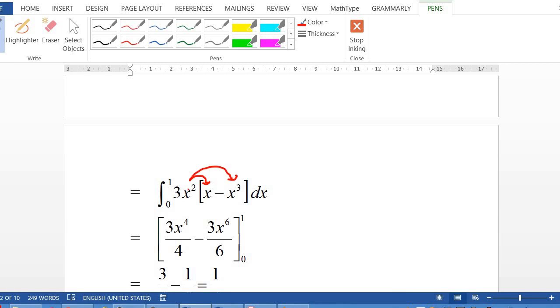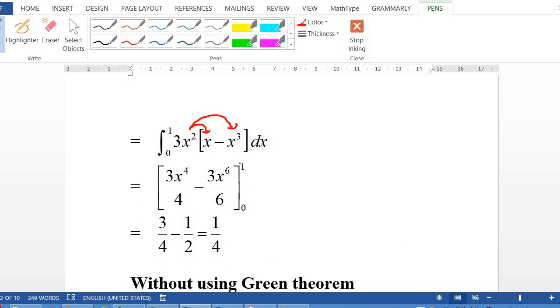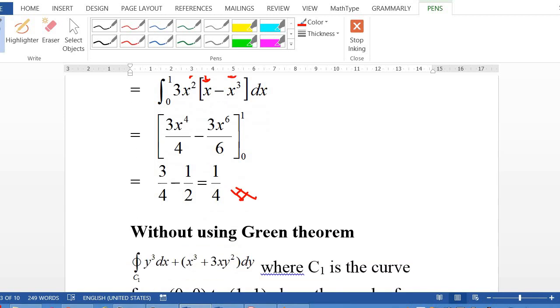So in total, 3x cubed integrates to 3x power 4 divided by 4, minus the second term, which is 3x power 5, integrating to 3x power 6 divided by 6. Plug in the upper limit; plugging in the lower limit, you have 0. The answer is 1/4.